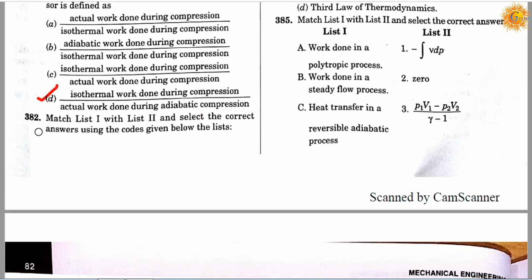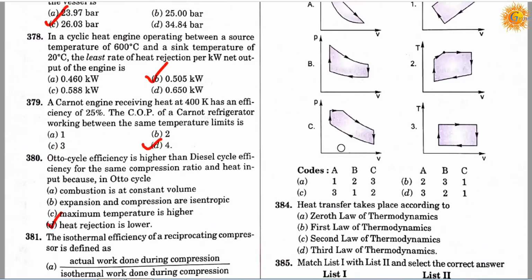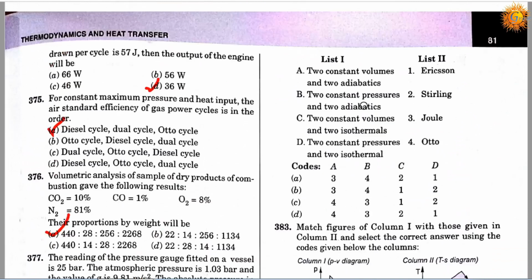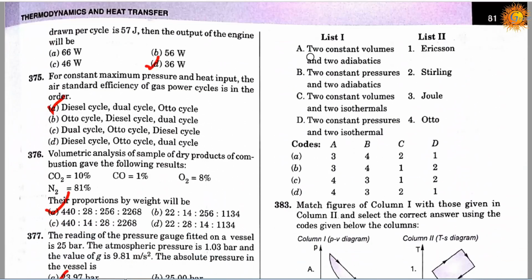Question number 382. Match list 1 with list 2 and select the correct answer using the code given below the list. In the first list, option A is 2 constant volumes and 2 adiabatics, option B is 2 constant pressures and 2 adiabatics, and option C is 2 constant volumes and 2 isothermals.